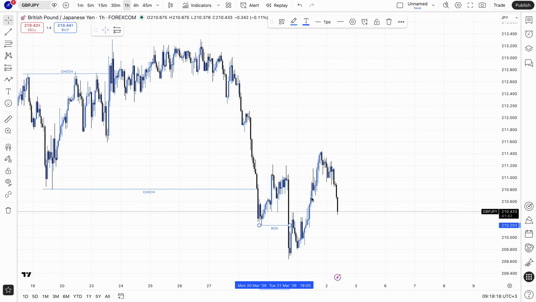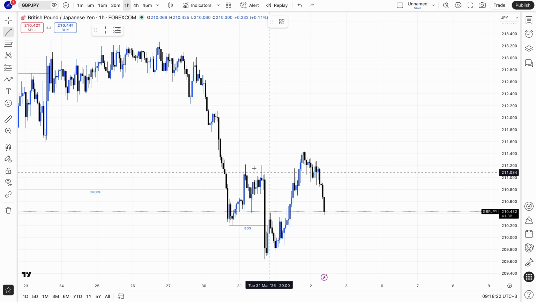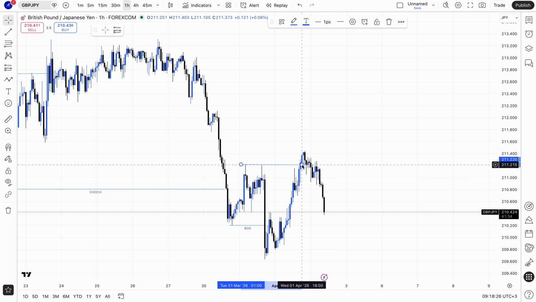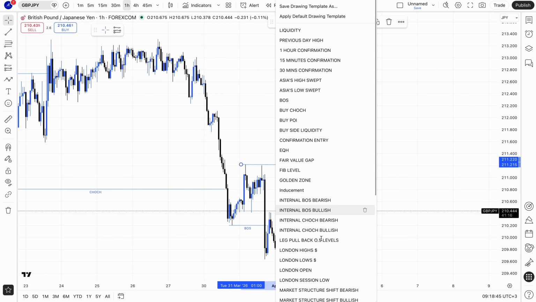You can clearly see that then the price broke this, and then you can clearly see, and then we had our change of character to the upside. You can clearly see here.